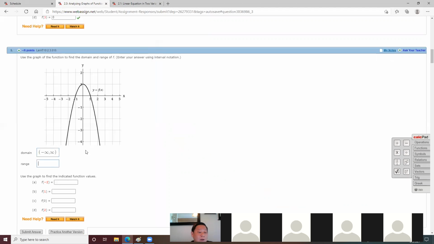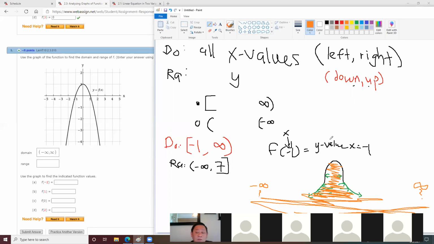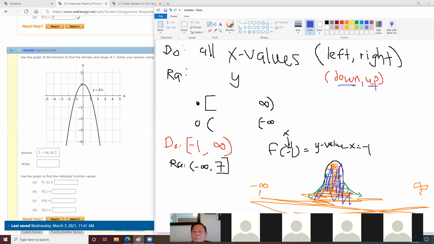What about the range here? If you color this way, how far down does it go and how far up does it go? How far down do we go here?